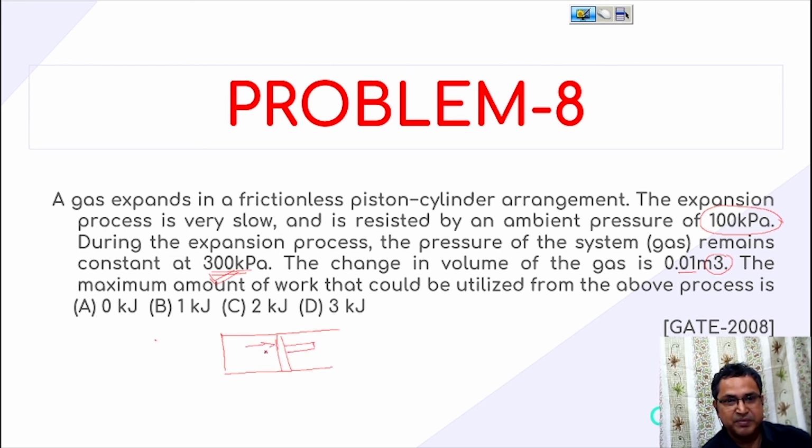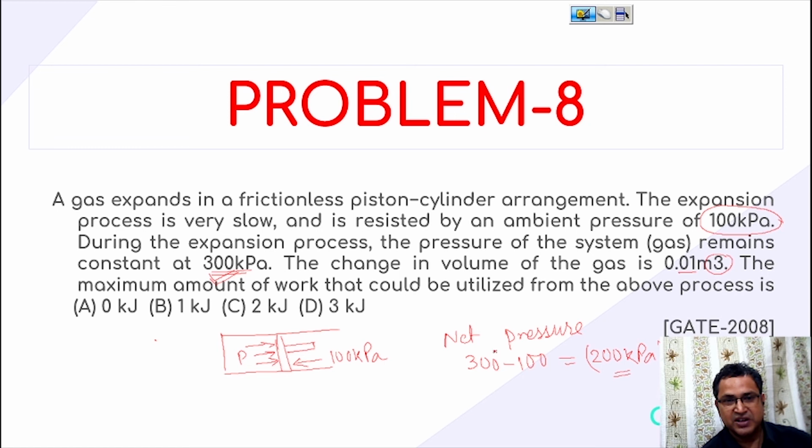This is the pressure developed by the gas, which is constant, and it always acts against the ambient pressure, that is 100 kilopascal. So what is the net pressure? That is 300 minus 100, that is 200 kilopascal.